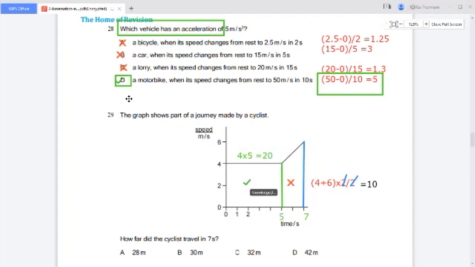So now area of rectangle is 20 and area of trapezium is 10. So total area is 30. So the correct answer is B. So this is our correct option.